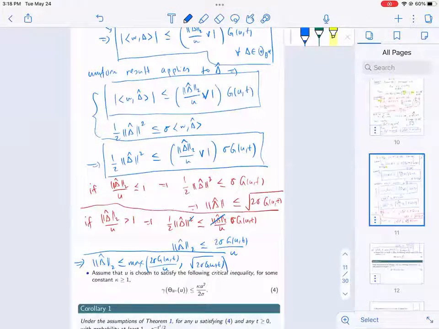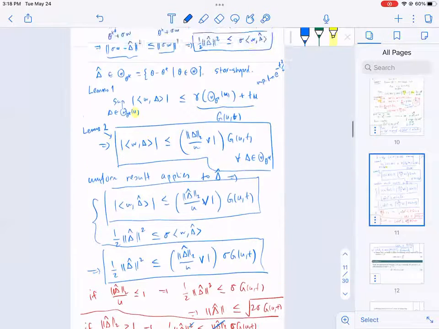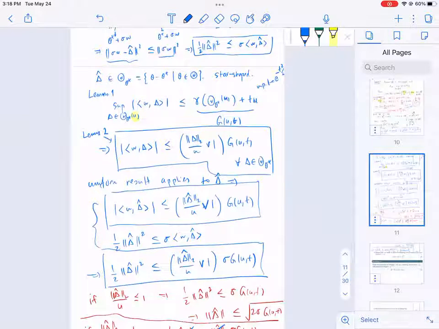This is very similar to our analysis of constrained lasso, if you go back. There, for example, delta hat was in some sort of a cone, right? And over that cone, we had good control. Here, this is in the star shape. You need to do some sort of argument.